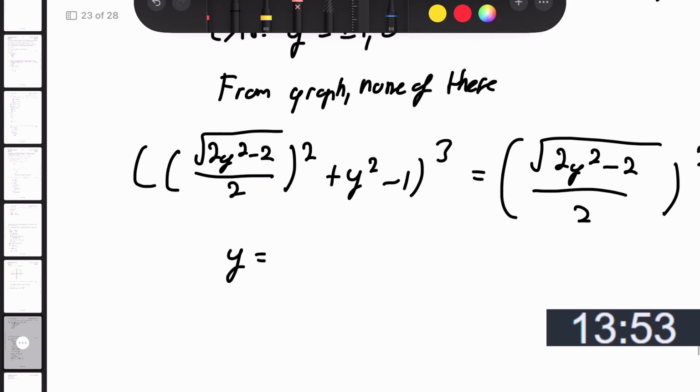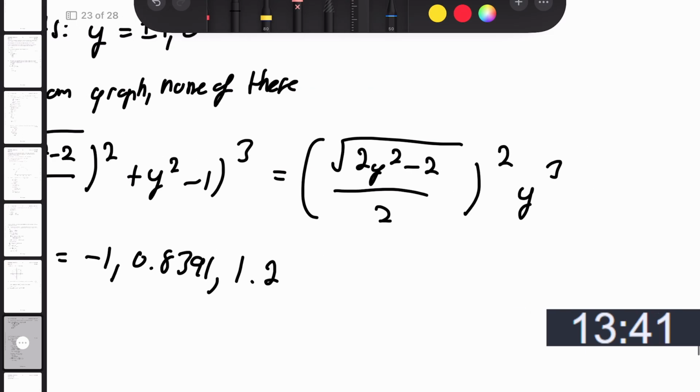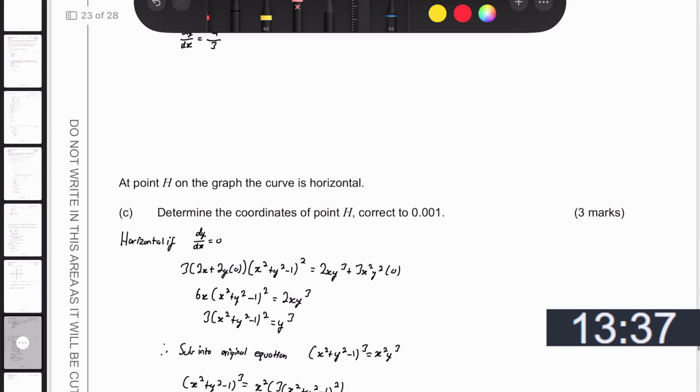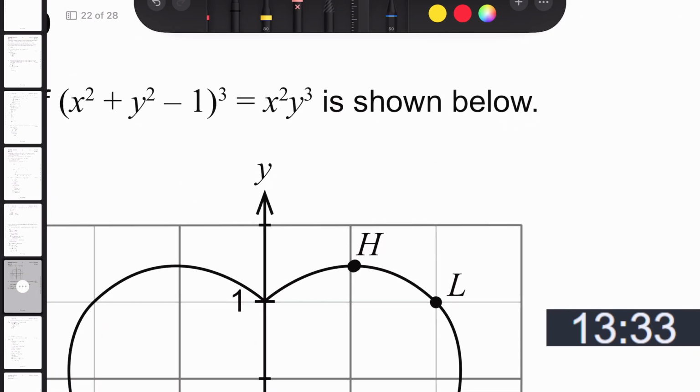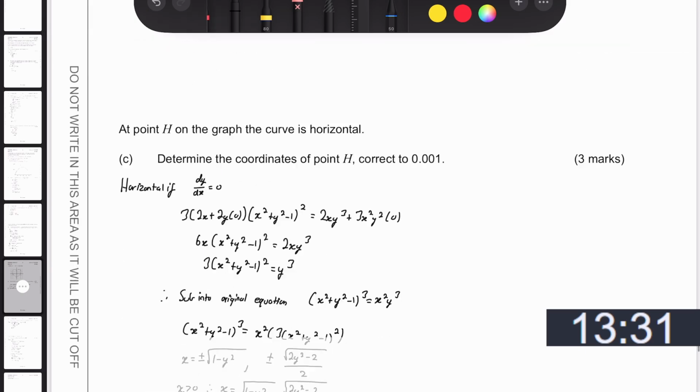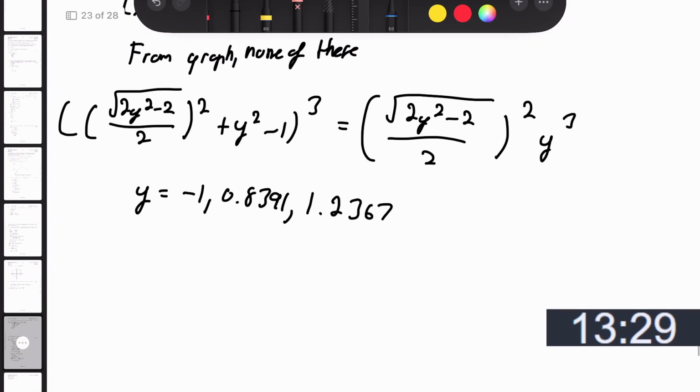Then y is equal to negative 1.839, 1, or 1.2367. That looks like 1.2367 to me.